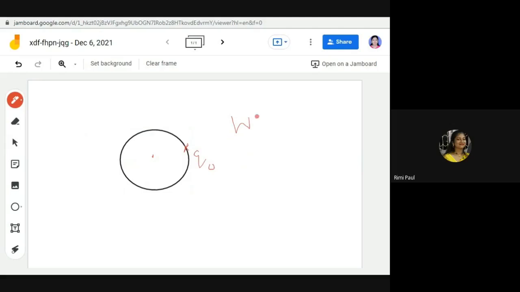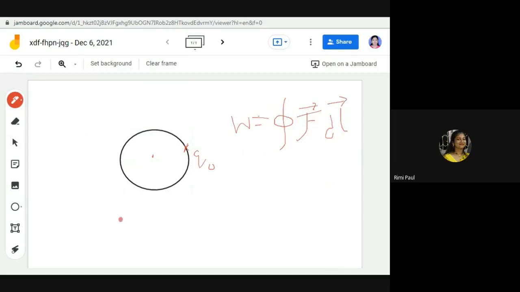So W is equal to the closed line integral of F dot dl.